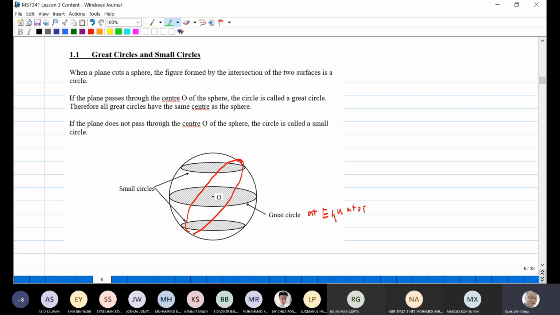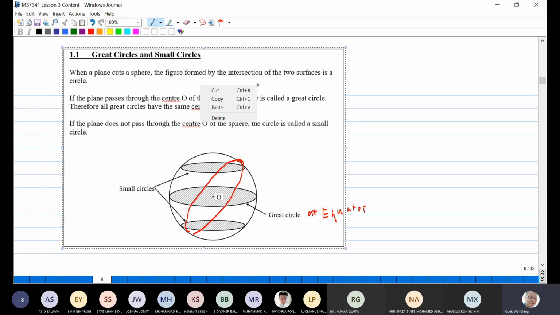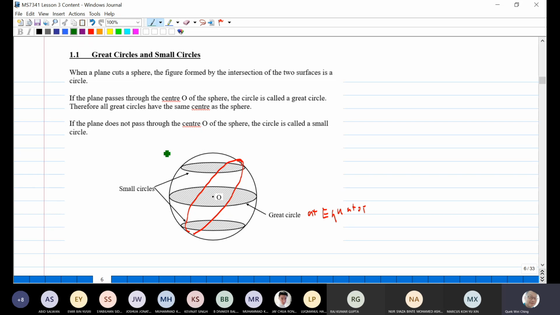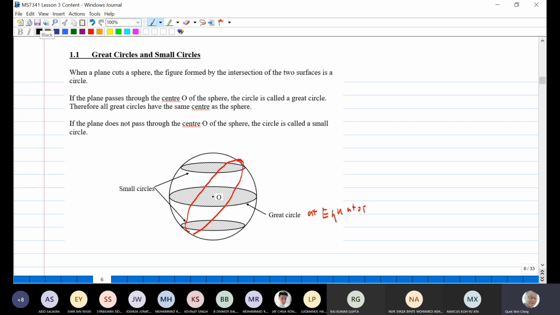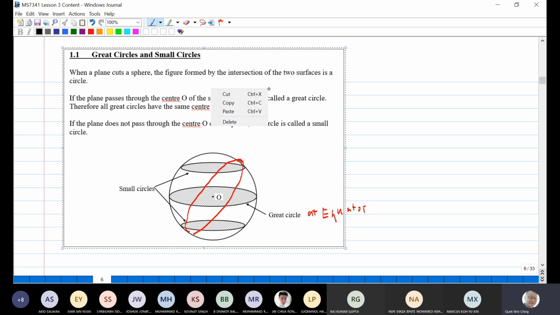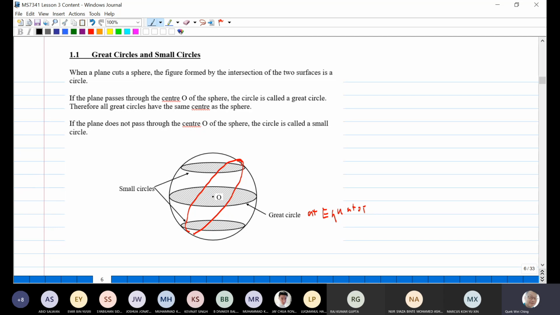When you cut the plane, you get a circle here. This intersection is a circle.